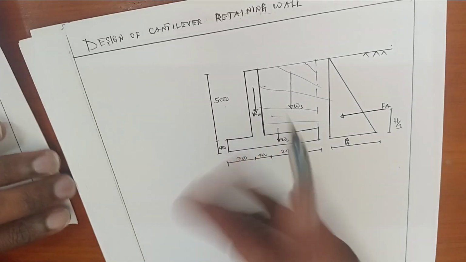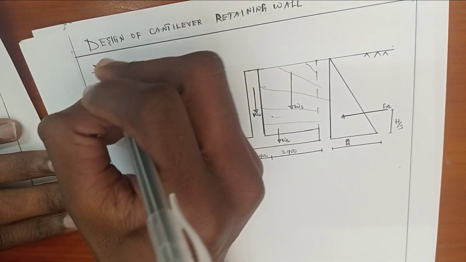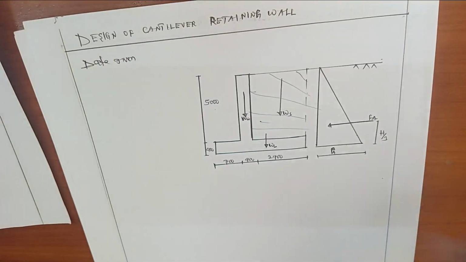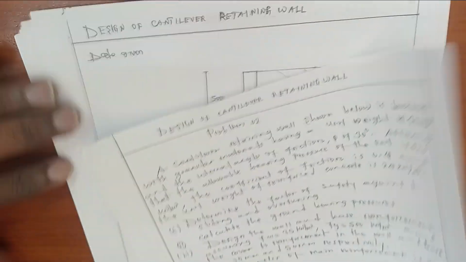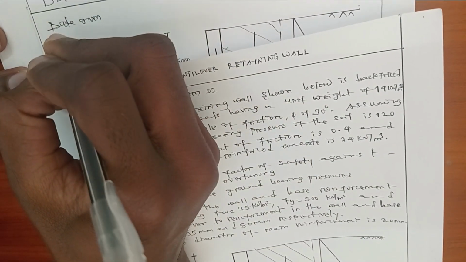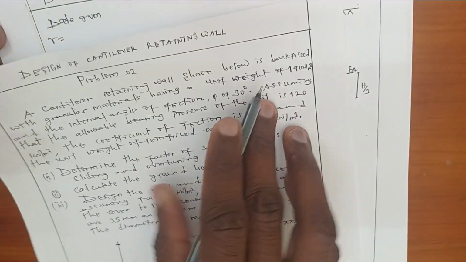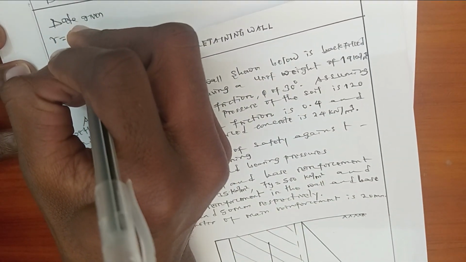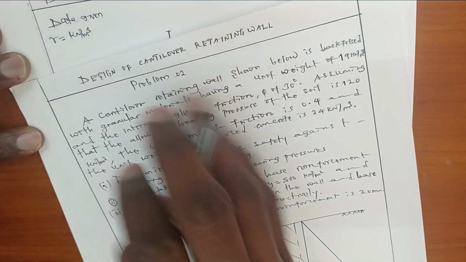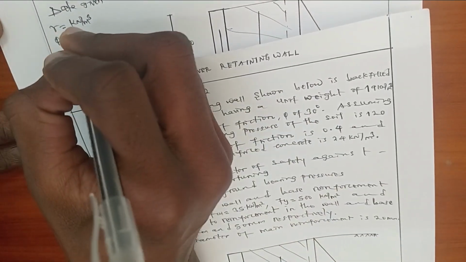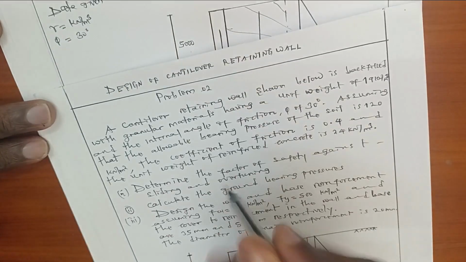Data given. We have given the unit weight of soil, 19 kilonewton per meter cube. Also, we have given the internal angle of friction, which is 30 degrees.